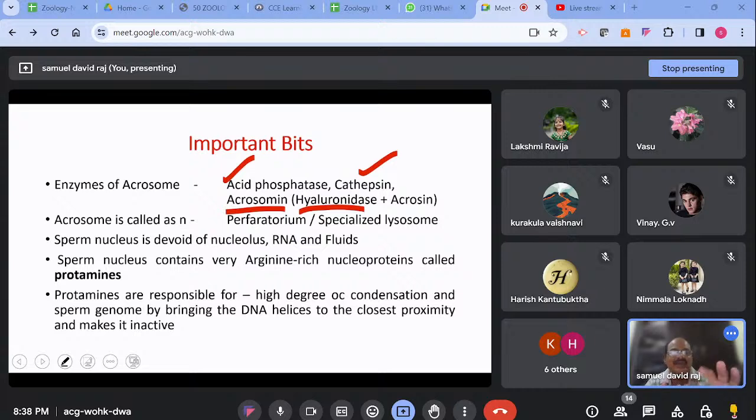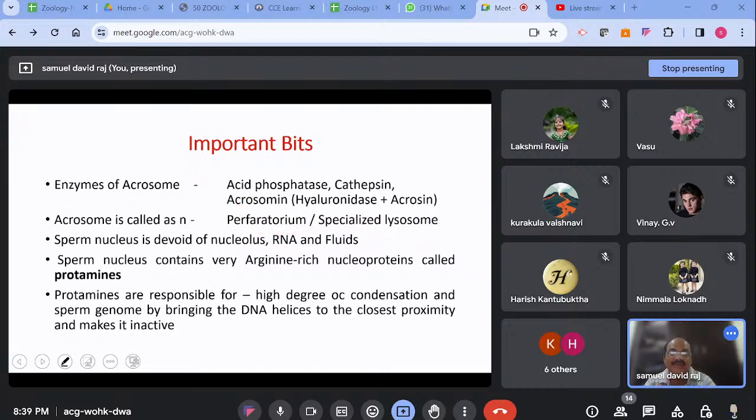But actually, hyaluronidase combines with another one called acrosin to form a hydrolytic enzyme, that is acrosomin. It is responsible for piercing through the ovum. Hence, as the acrosome perforates or pierces through the layers of the ovum, it is called the perforatorium, because it is derived from the Golgi complex and has a function of lysis like that of a lysosome. It is also called a specialized lysosome.